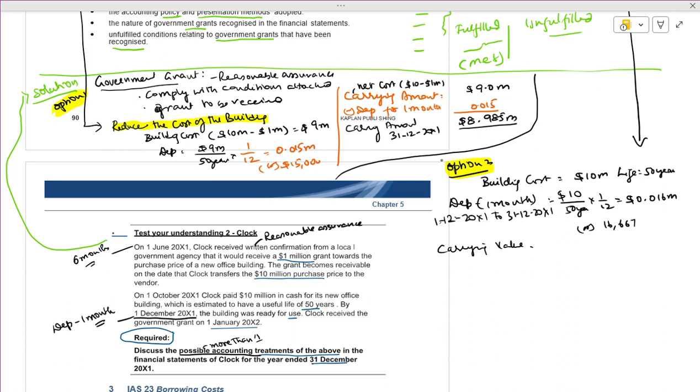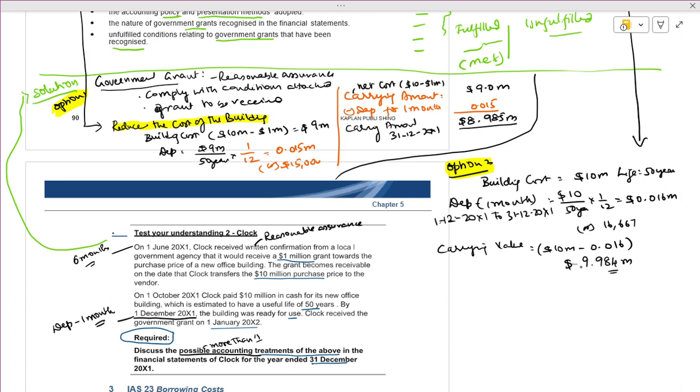The carrying value is 10 million minus 0.016. Is it right? It comes to 9.984 million, 83 or 84.